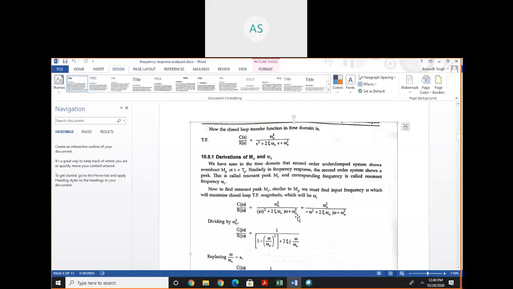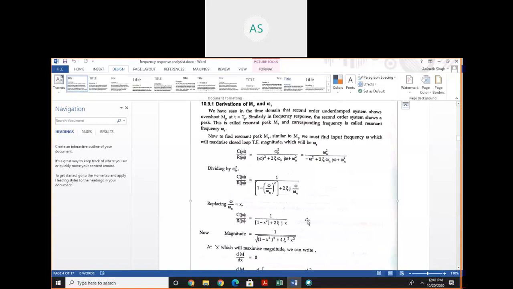Here we substitute s equal to j omega, so we get an expression like this. Then we divide by omega n square. So we get C(j omega) divided by R(j omega) equal to 1 divided by 1 minus (omega by omega n) whole square plus 2 zeta j omega by omega n.